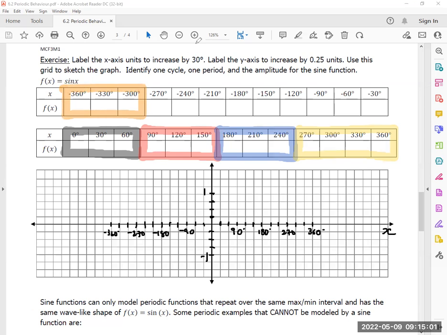Plug in negative 360. Maria, please do these 3. Janae, would you please do these 3? And lastly, Brendan, would you please do these 3? Very quickly, team effort. I want this filled in as fast as we can, and we will begin graphing. We will mark it all in red.